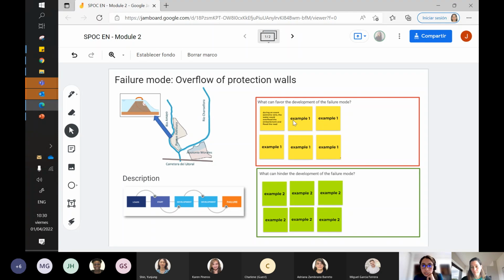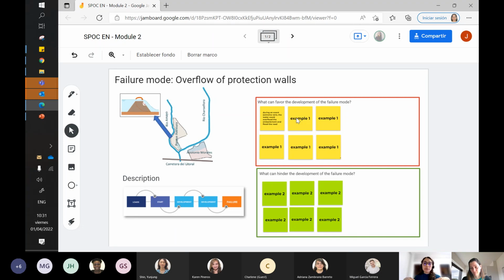Sonia says, I'm sorry, I was missing all the comments on the chat, but we will go through them. Once the water overtops into the area, we have loss of livestock, for example. Yes.